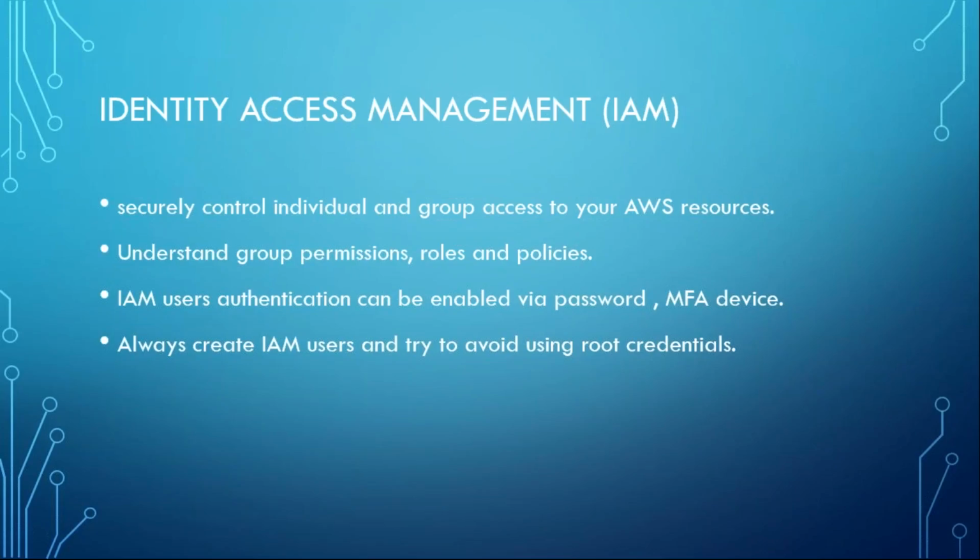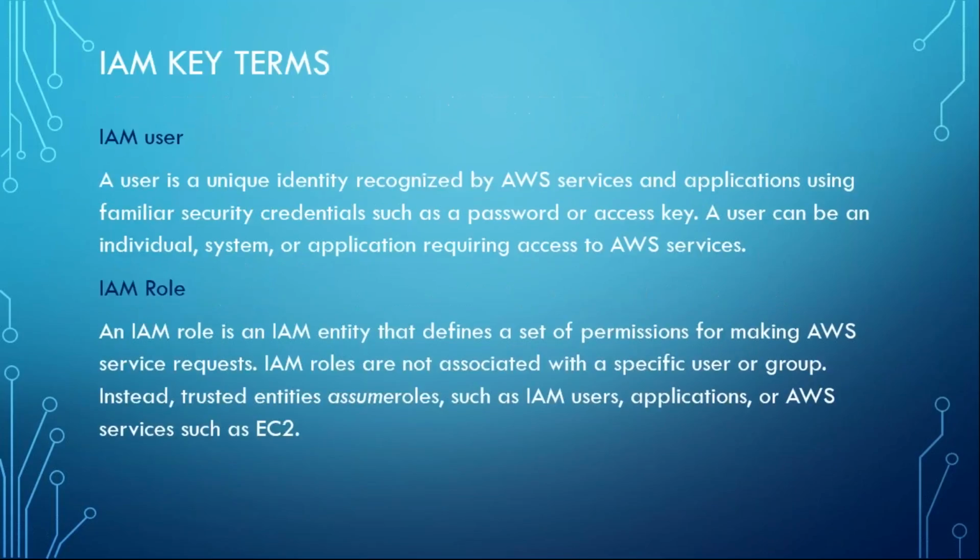It says securely control individual and group access to AWS resources. In IAM, we should understand how group permissions work and how roles and policies work. IAM user authentication can be enabled by password as well as an MFA device. As a best practice, always try to avoid root credentials and use an IAM user.